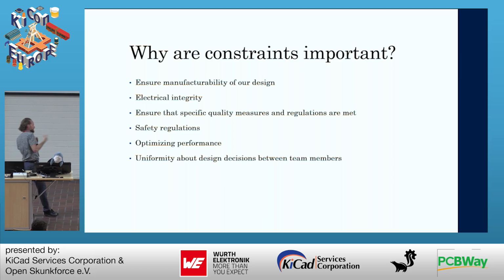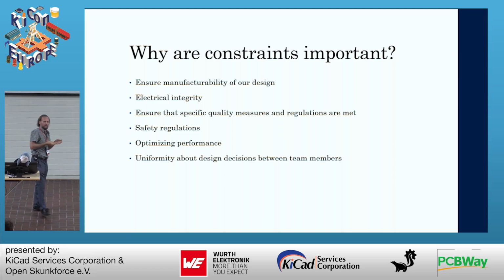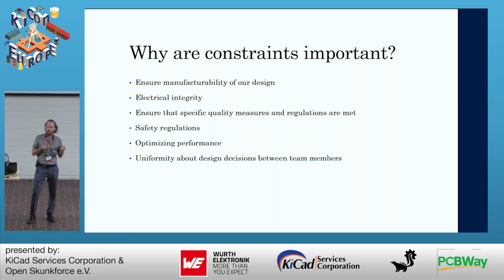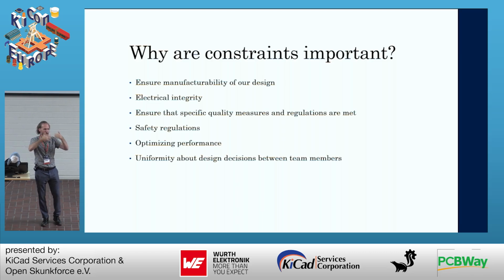And another thing, which is maybe not mentioned as much, is if you're working in a larger department or larger project with many people on it, you often don't want one person using one set of rules and another person using another set of rules. You actually want to put all your constraints into your CAD system, and have the management of the constraints be within the system itself, such that multiple people working on the same project do not follow completely different rules.